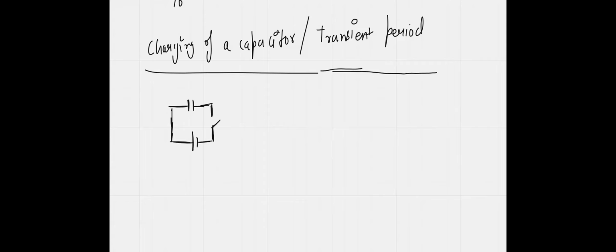So Kirtana, we are very sure that the moment I close the switch, what will happen? This is the positive plate, and this is negative. So from the positive plate, charges will start to flow, right? You can say positive charges are going to go in this way. Yes, sir.